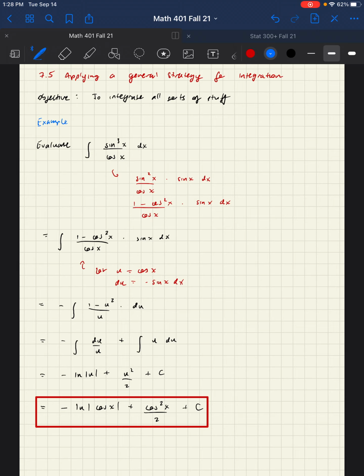So in this case, let's break down what we did. So first we simplified. We used a trig identity. And we knew to do that because we wanted to exploit a substitution. And once we had that, then we can use an assortment of other basic rules.